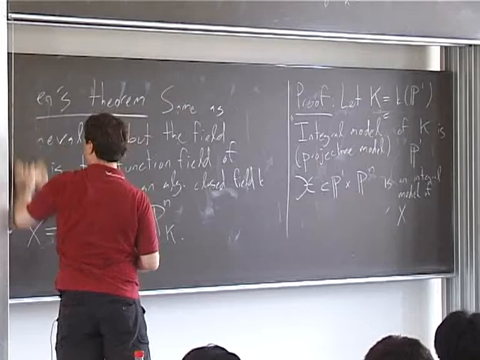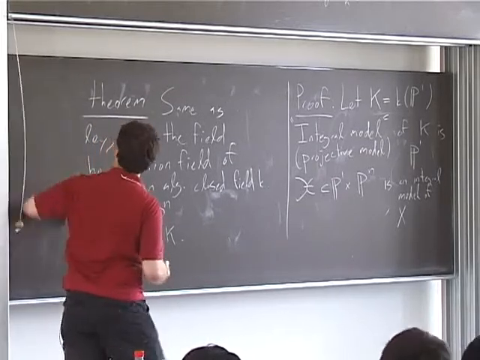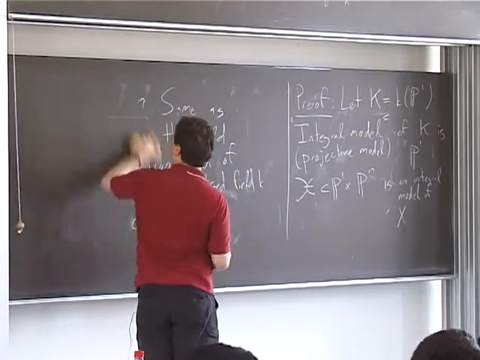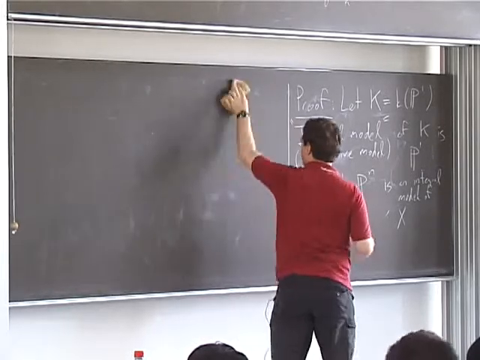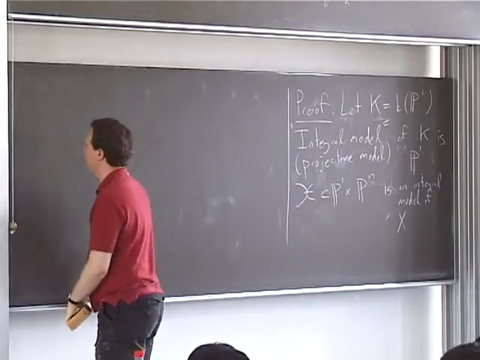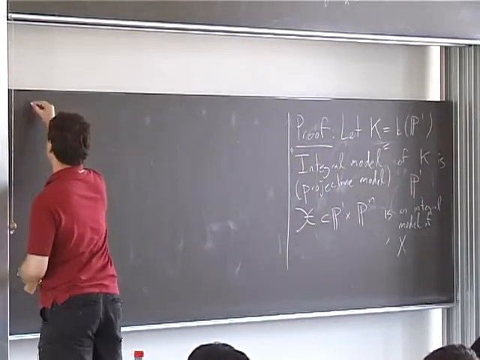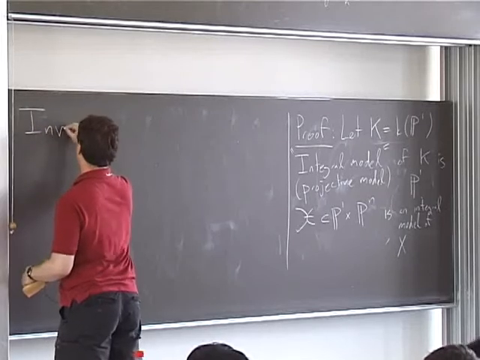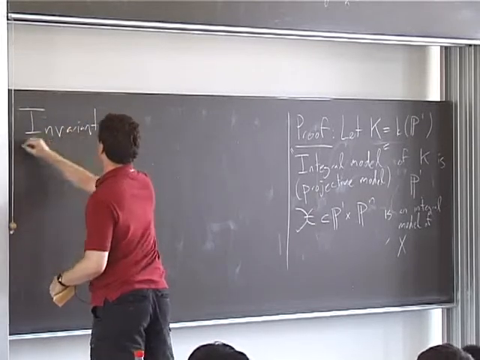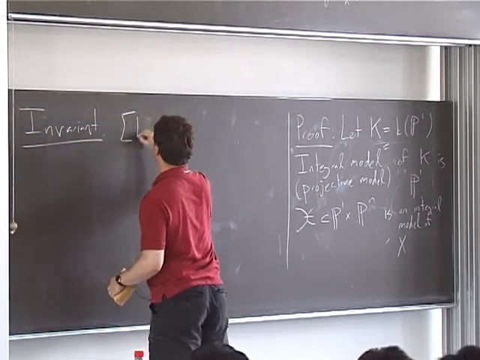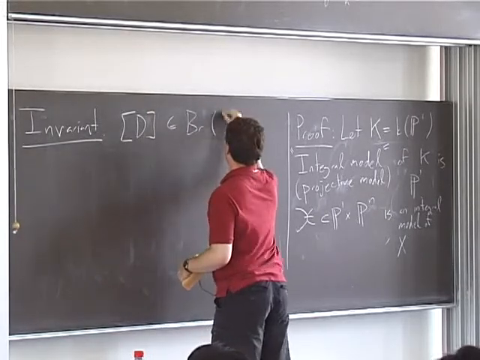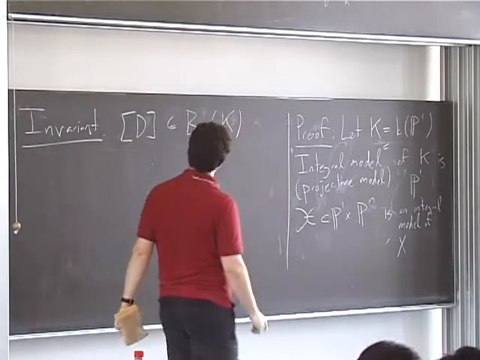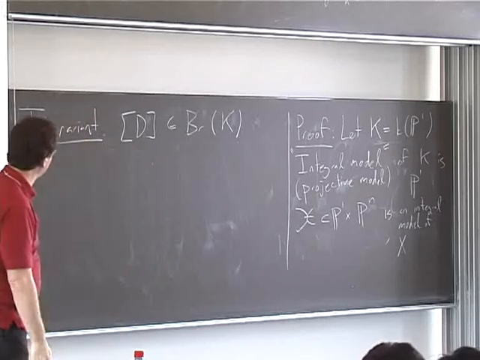Then there's, of course, another invariant. You don't actually need this other invariant for what I'm about to do, but let me mention it because I'm going to talk about a generalization. The index is one invariant, but there's another: we can take the equivalence class of this division algebra inside the Brauer group of this field. This is a torsion group, so every element has finite order.